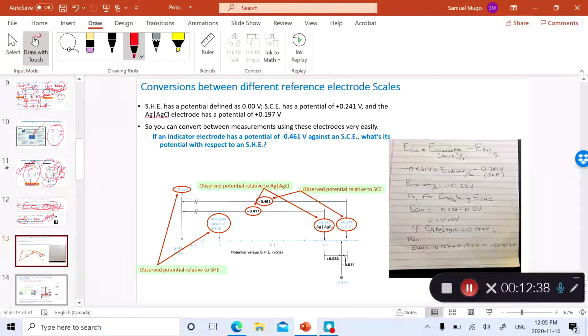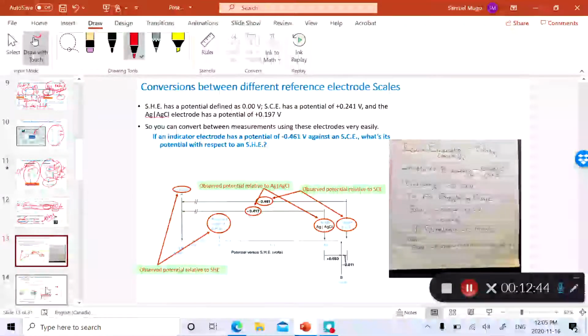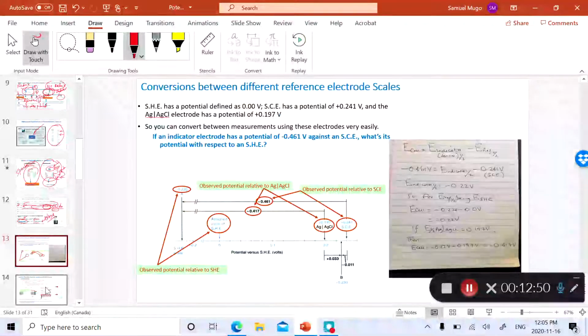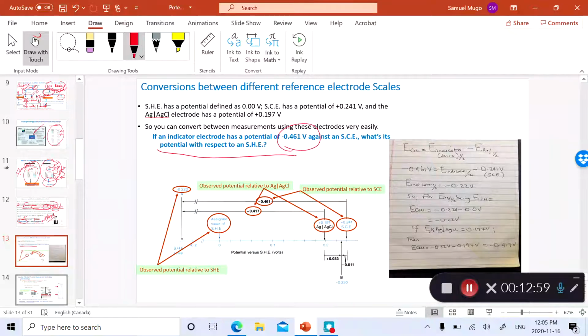So take note of this: irrespective of what reference electrode you use, if you know the result of the E of that cell, you can interconvert between different types of reference electrodes. I'll give you an example. Assume you have a situation where an indicator electrode has a potential of this against a saturated calomel electrode, which is this mercury reference electrode.